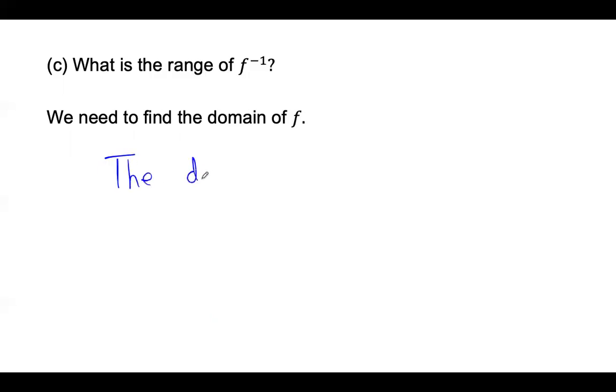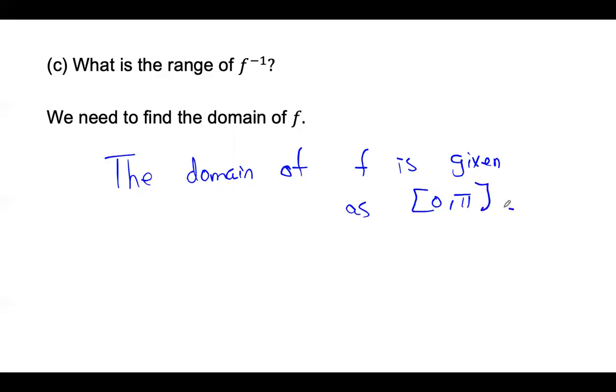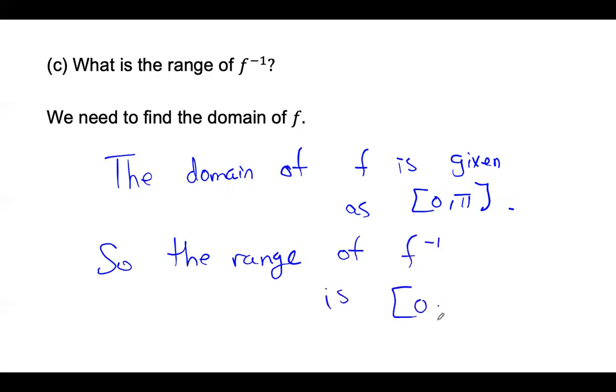The domain of f is given in the question as 0 to pi. That's given. So if we recall, the range of f inverse is 0 to pi. So that's it.